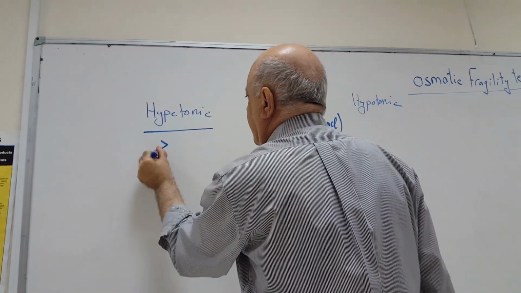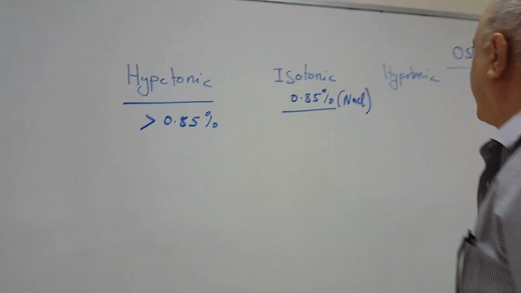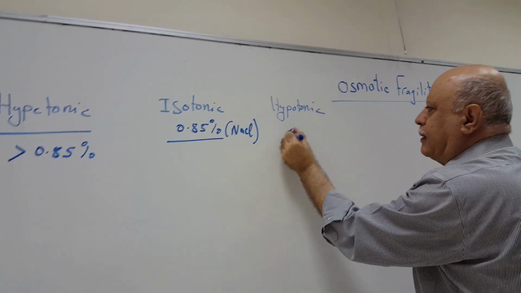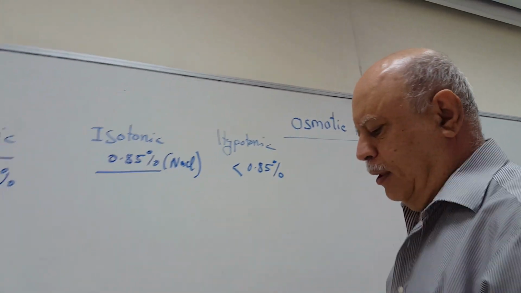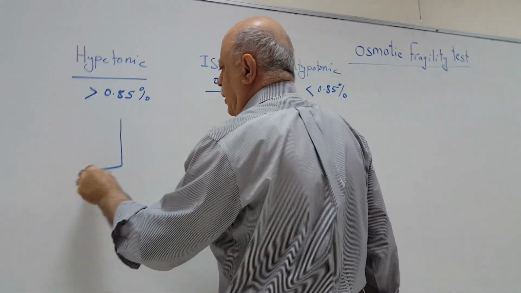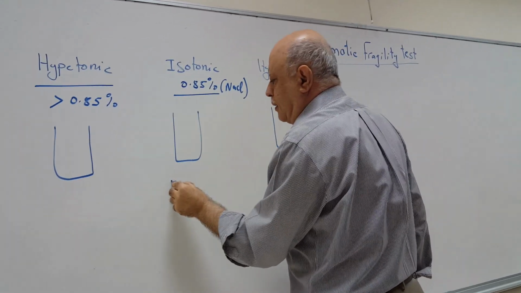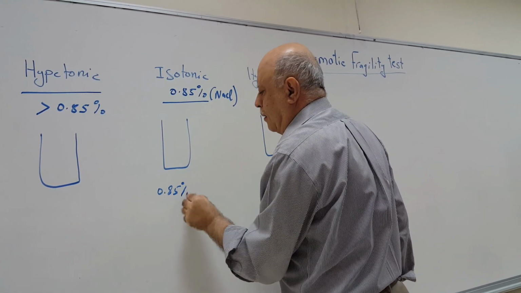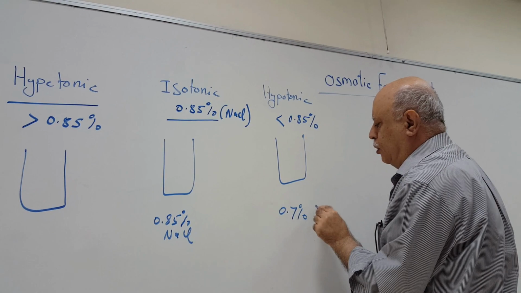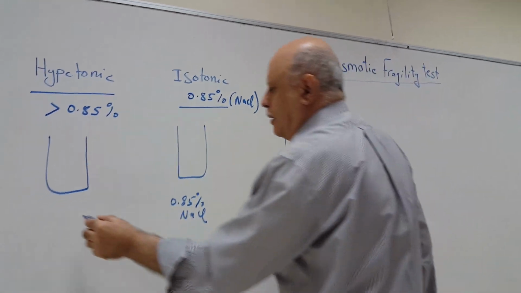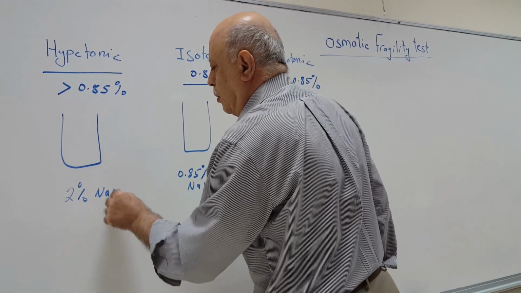Hypertonic is greater than 0.85%, while hypotonic is less than 0.85%. Now, if we have three solutions, this is 0.85% sodium chloride, this is 0.7% sodium chloride, and this is 0.2%, for example, sodium chloride.